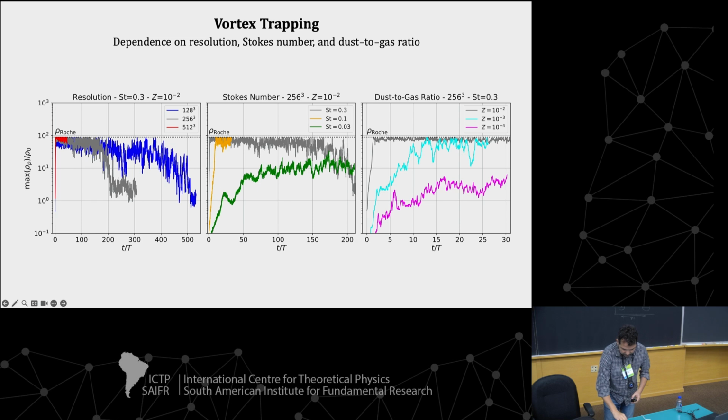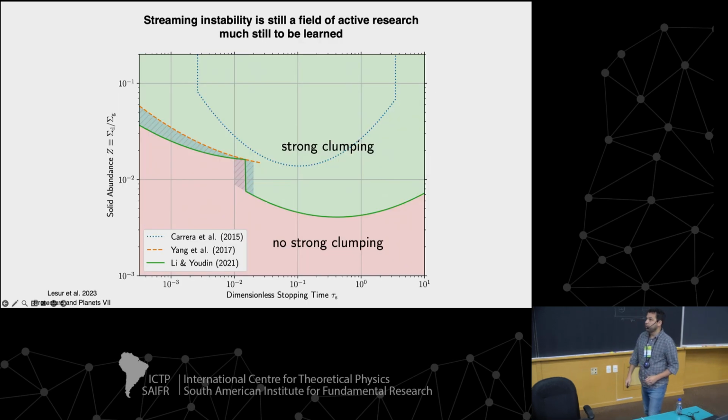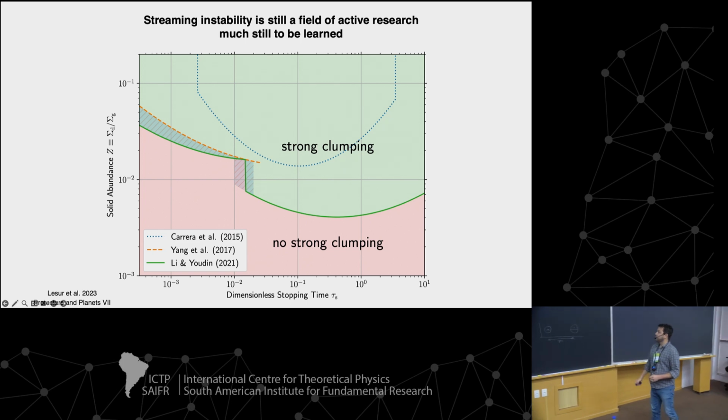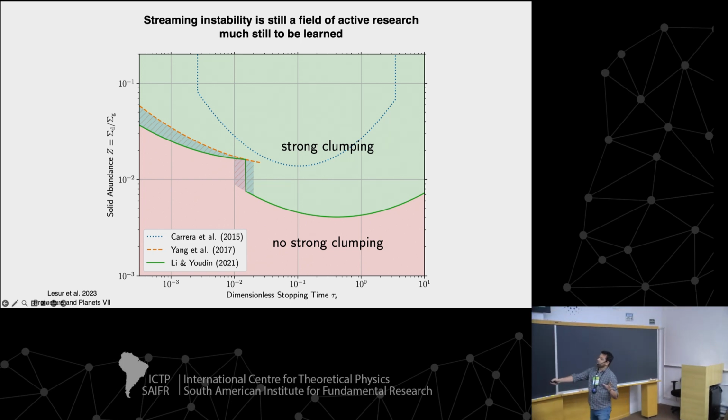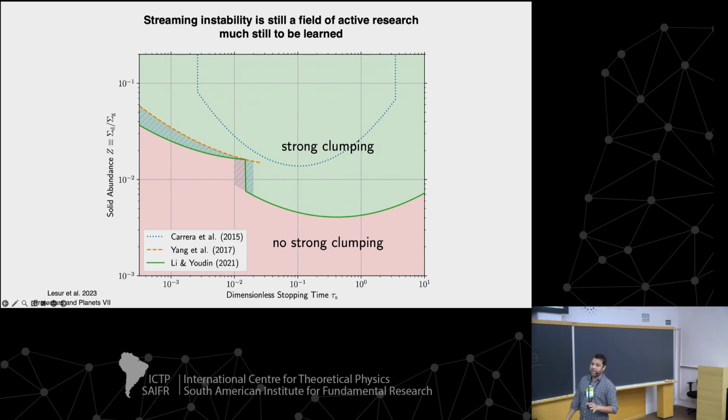Remember that plot that I was showing in previous lessons in this course, that this is what the streaming instability does by itself, right? This plot here in terms of the Stokes number and the metallicity. You can barely get streaming instability for the solar case, but already for 10 to the minus 3, you cannot, right?